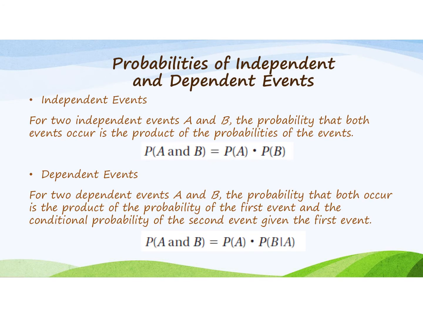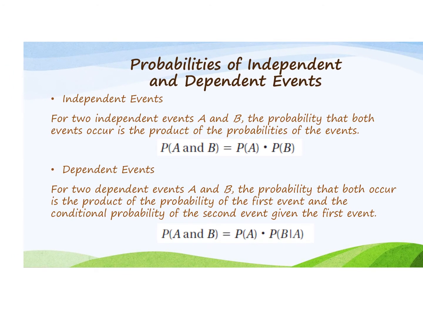These are the two probability formulas for independent and dependent events. When the two events are independent, they have nothing to do with each other, so you're just going to do the two simple probabilities and multiply them. For dependent events, we're going to use that conditional probability.